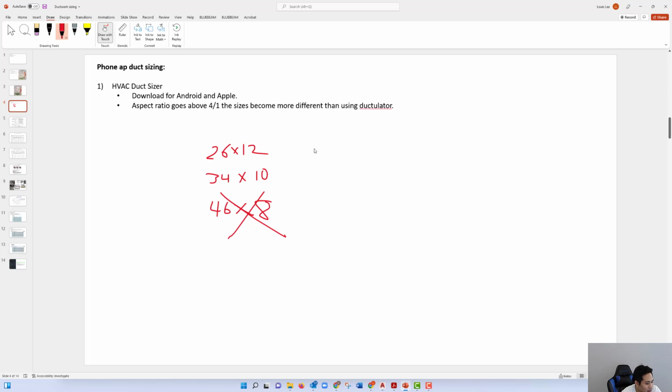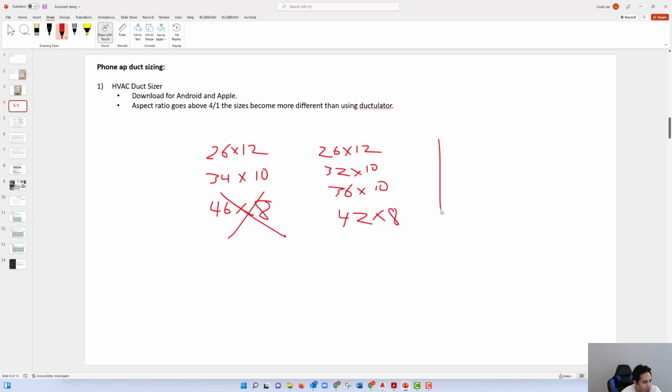Now, the sizes that we got with the HVAC duct size application is a 26 by 12, a 32 by 10. We also got a 36 by 10, and we got a 42 by 8.